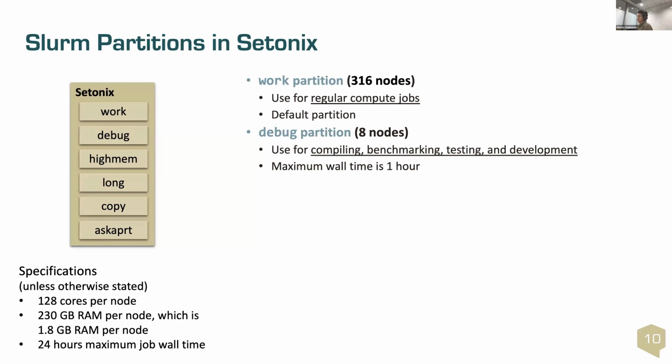So service units is exactly equal to hours in a single core. For example, if you run a job with 128 cores, like using a full node of the CPU nodes we have, and you run it for an hour, then you are consuming 128 service units. If you run it for 10 hours, you are consuming around 1,000 service units. And you have up to 1 million to consume.